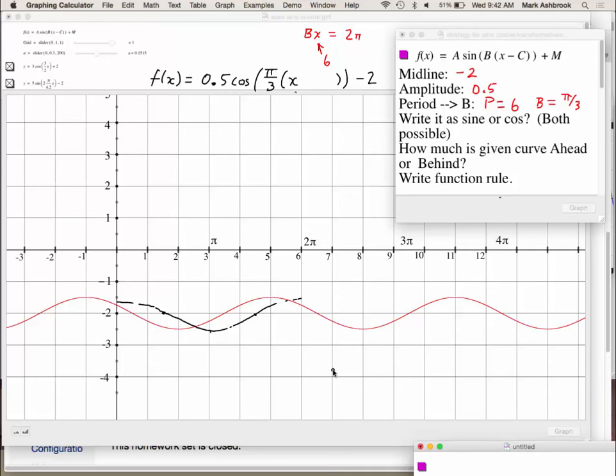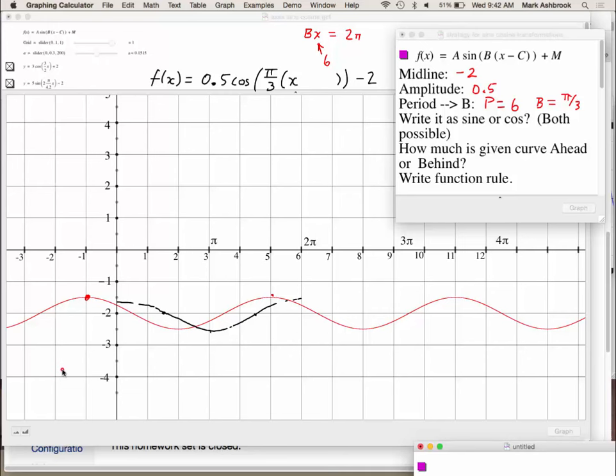To make it easiest, look for the closest cycle that looks just like that, and ask, is the closest cycle that looks just like that on our curve ahead or behind the unshifted cosine, and by how much? It's ahead. If x increases from left to right, it's starting first, right? If you think of x coming off the screen, which one's going to come first?